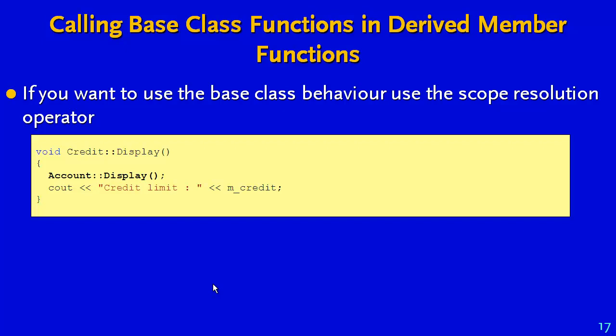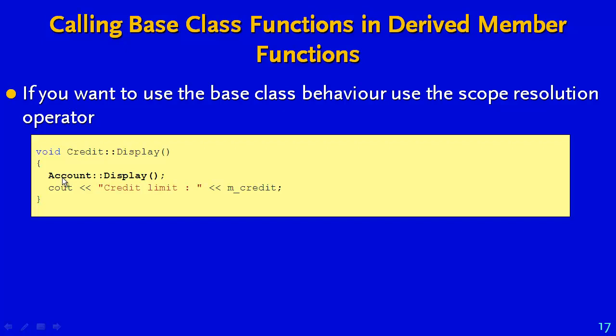So what we do is the following. The display function, which is also in account, we rewrite here. So we have a credit display. In the body of the code, it actually calls the display function in the base class explicitly. That's quite useful. We're using the scope resolution operator to say run the display function in the base class account.